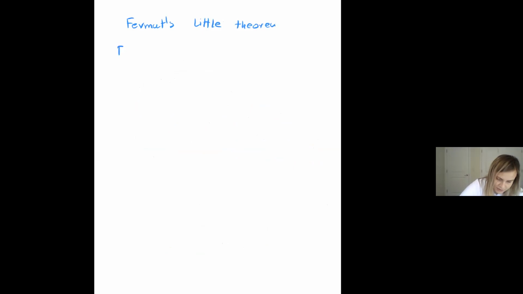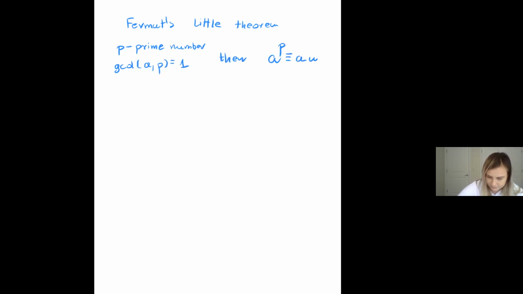So if P is a prime number, and the greatest common divisor of A and P is 1, then A to the power P is congruent to A modulo P. Now, the generalization of this theorem is Euler's theorem.